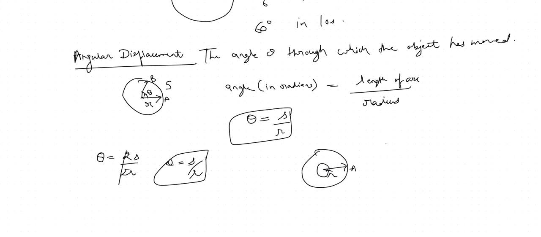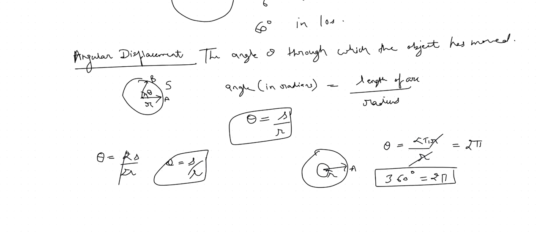Theta is equal, when one complete revolution is made, to the distance covered along the circular path, which is the circumference, 2 pi r divided by r. So r and r get cancelled out, and it is equal to 2 pi. And we know that one complete revolution is 360 degrees, and here we have defined theta as 2 pi. So this is the relationship between angle in degrees and radians, that is 360 degrees equals 2 pi.